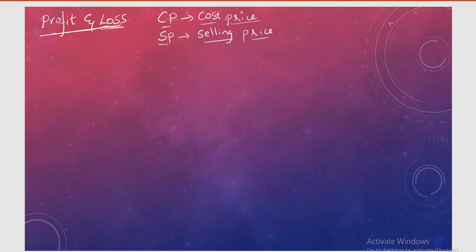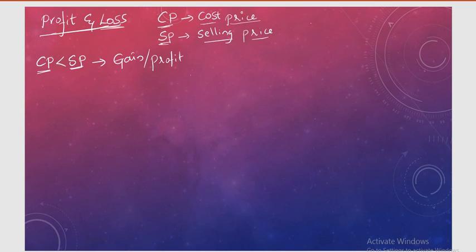These two are the most important words that you need to remember for profit and loss. If CP is less than SP, that means if SP is greater than CP, then we can say that there is a gain or profit.